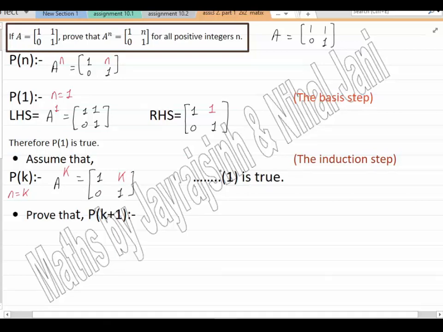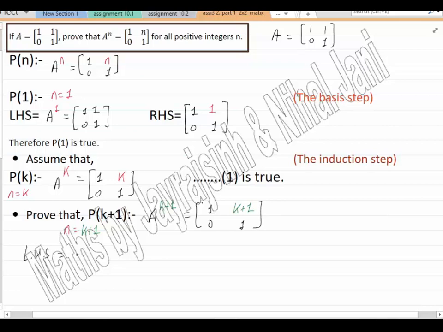Let's call it equation number 1, which is true, and using P of k we have to prove P of k plus 1, in which we put n equal to k plus 1, so it becomes A raised to k plus 1 is equal to 1 k plus 1 0 1. We have to prove this, so let's do it without wasting time.